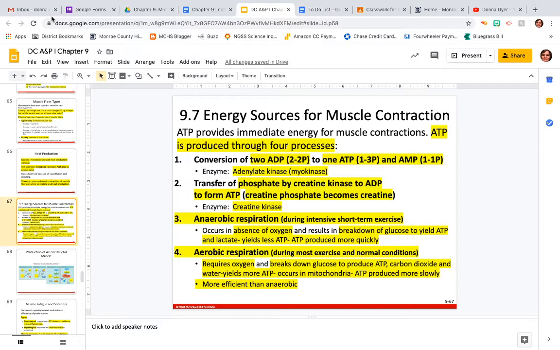Tomorrow, which will be Wednesday, you will have a quiz over chapter 9, and then we will talk about just a few pages in chapter 10, and you'll have some questions to answer over that afterward.